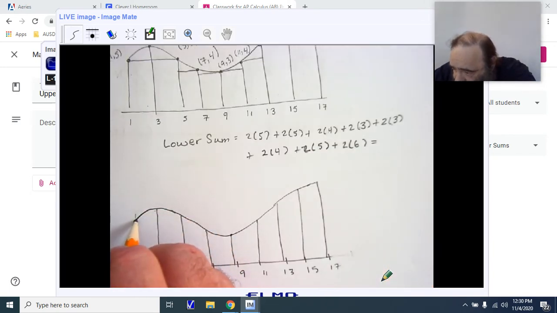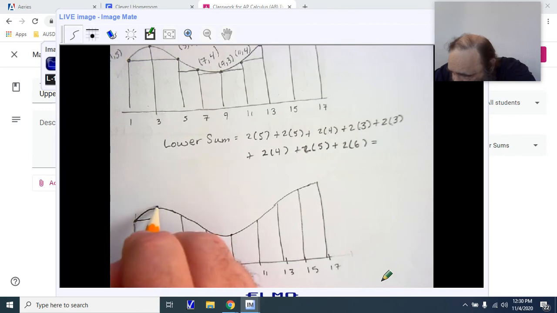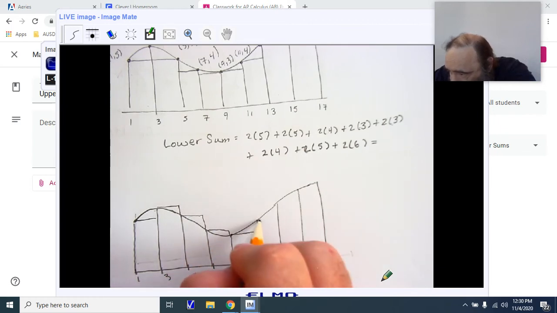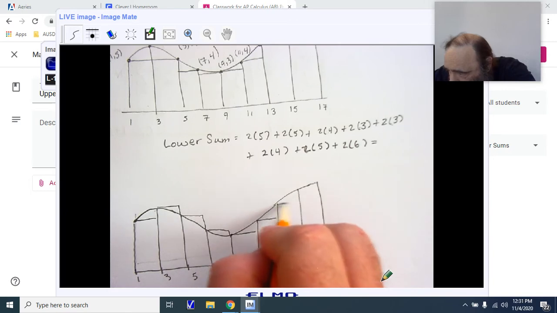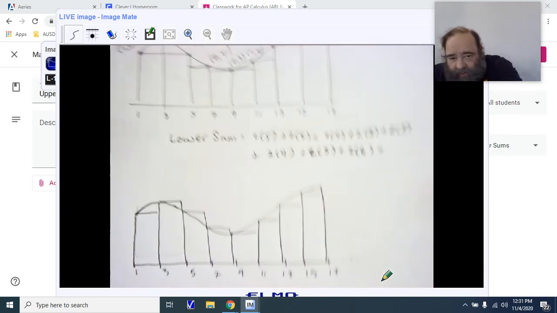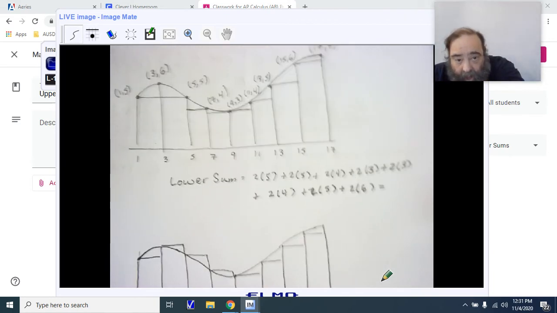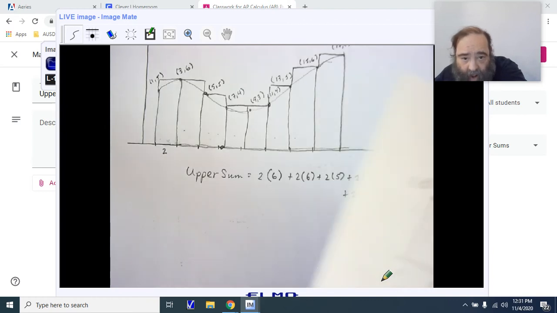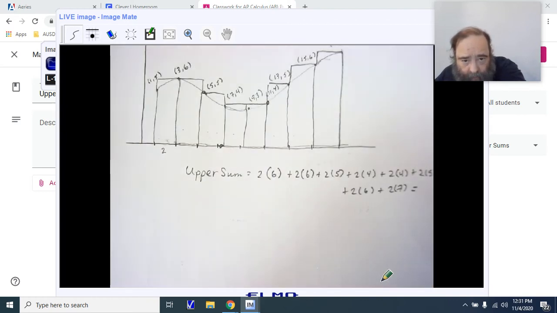So notice, a left Riemann sum does that box, but then jumps up to do the upper box, upper box, upper box, lower box, lower box, lower box, lower box. Notice that's very different from what we did with the lower sum, and is very different from what we did with our upper sum. Okay?